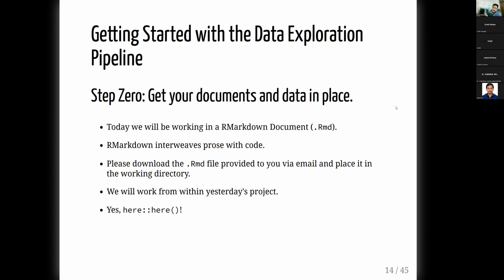So this is what we talked about, step 0. Step 0 is get your documents and data in place. Right now, we didn't have any data, but where did I put my script files? I put my script files in a folder called code, my R scripts. I put my RMD in a folder called analysis, because that's the analysis that I would do.